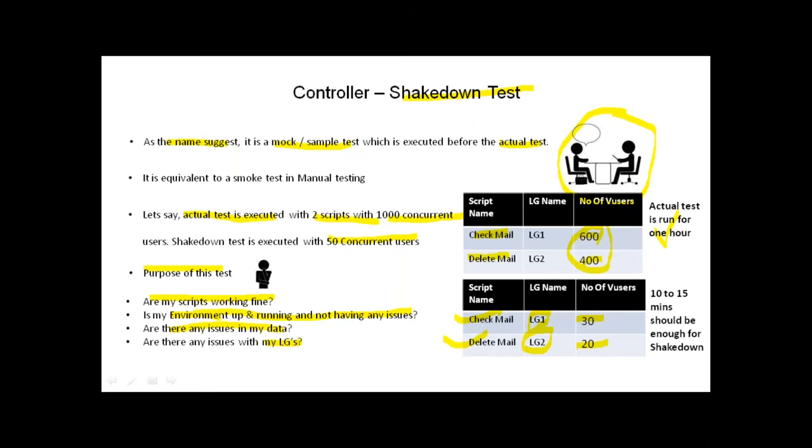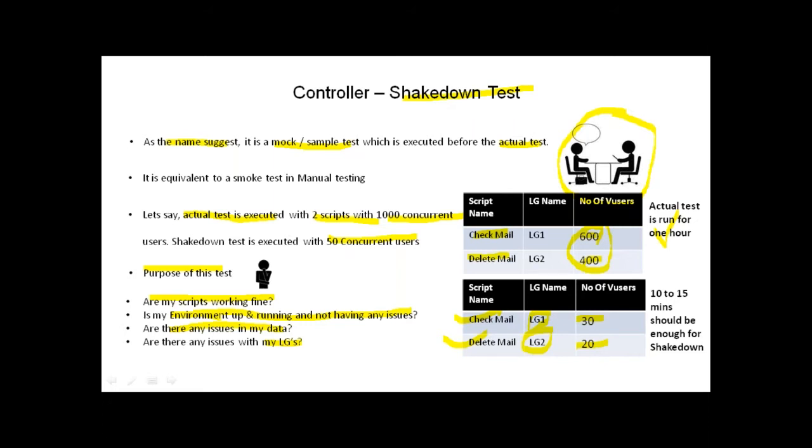Parmesh has a question for us. Whenever you mention the SLA here as 2, 5, 8 seconds, are those standards for the application, or are you mentioning them as an example? I've given that as an example, Parmesh. It's not the standard that you get as a part of NFR gathering. If you have looked at my previous class, in PTLC, the very first stage is the NFR gathering stage.